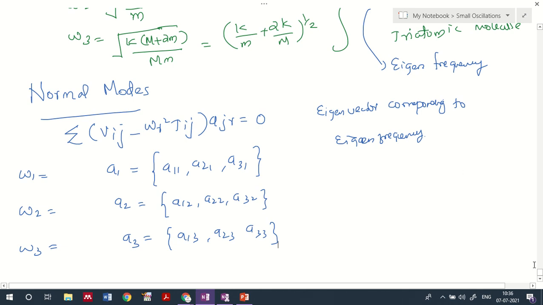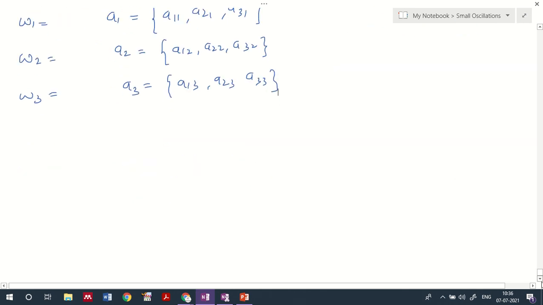So simply what we have done is like this. The equation is the matrix with rows: k minus omega r square m, minus k, 0; minus k, 2k minus omega r square m, minus k; and 0, minus k, k minus omega r square m.